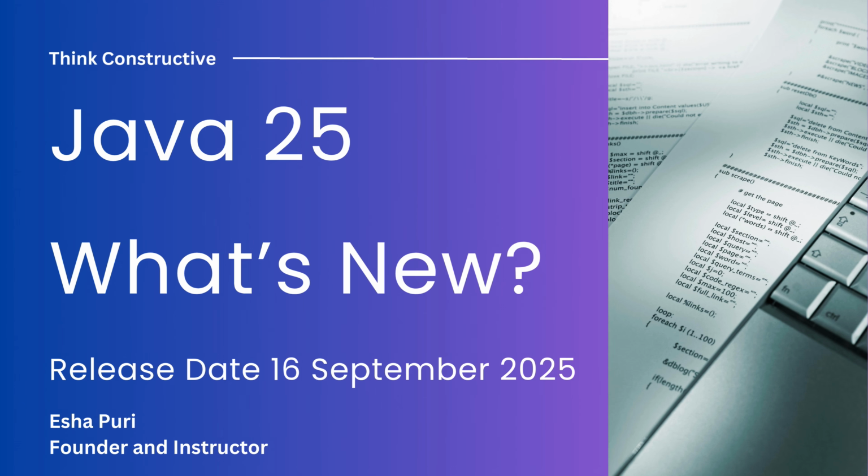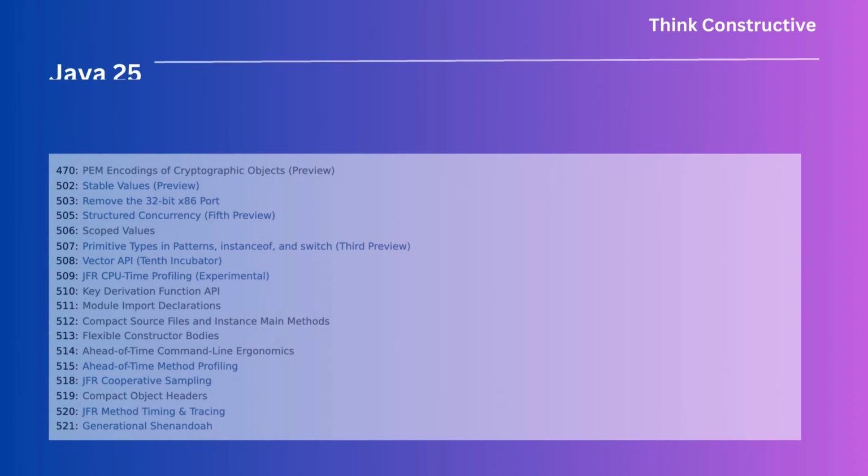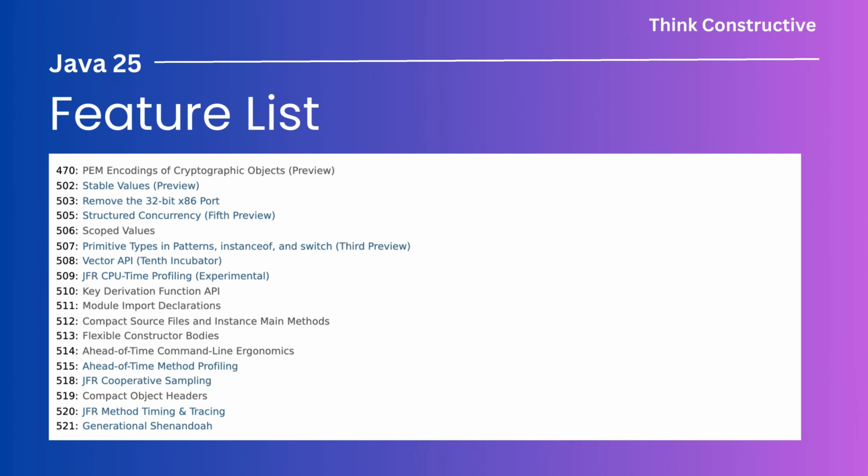As you know, Java 25 was released on 16th September 2025 and it has a bunch of new features. So here is the feature list of Java 25. This list includes some preview features, some features which are going through multiple rounds of previews, incubator features, experimental features, and final features also.